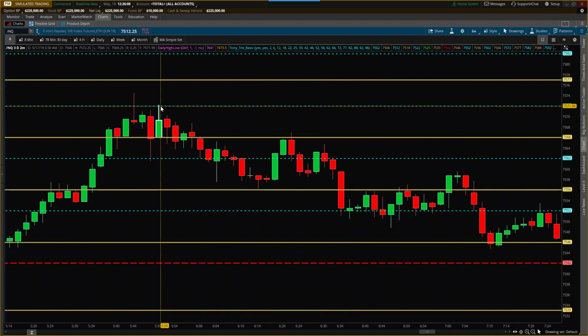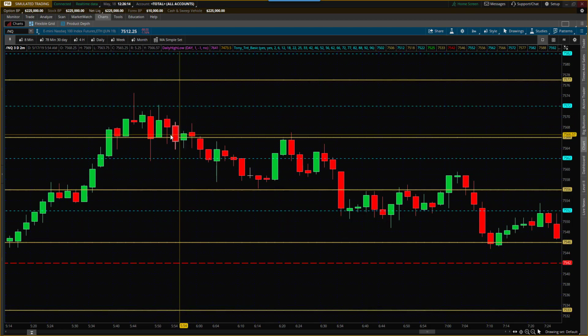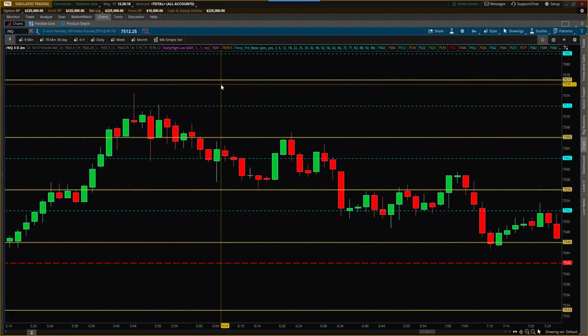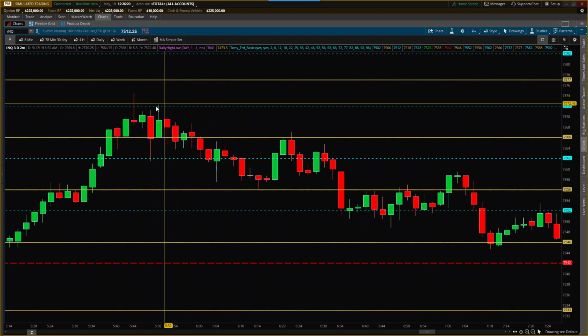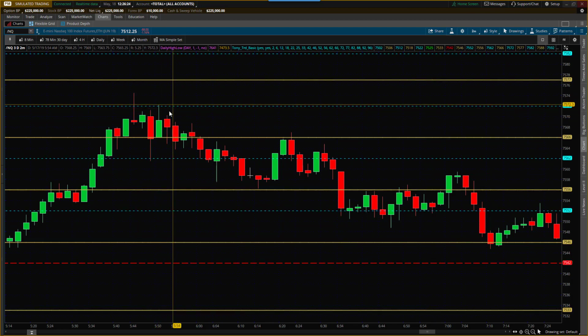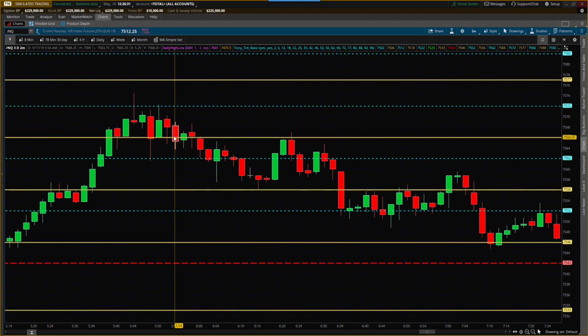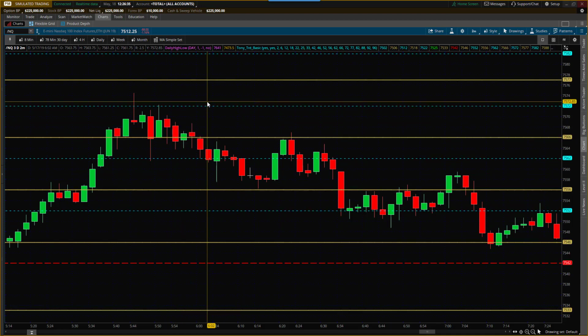It tested that spot or that risk again, had come back down, and on the way back down, suppose we put an order in to go long here, right? Persistence beats resistance. So if this had tried again, this could have been a nice breakout to the upside. We don't know, right? So we could have put our order in here at the 66 to go long.